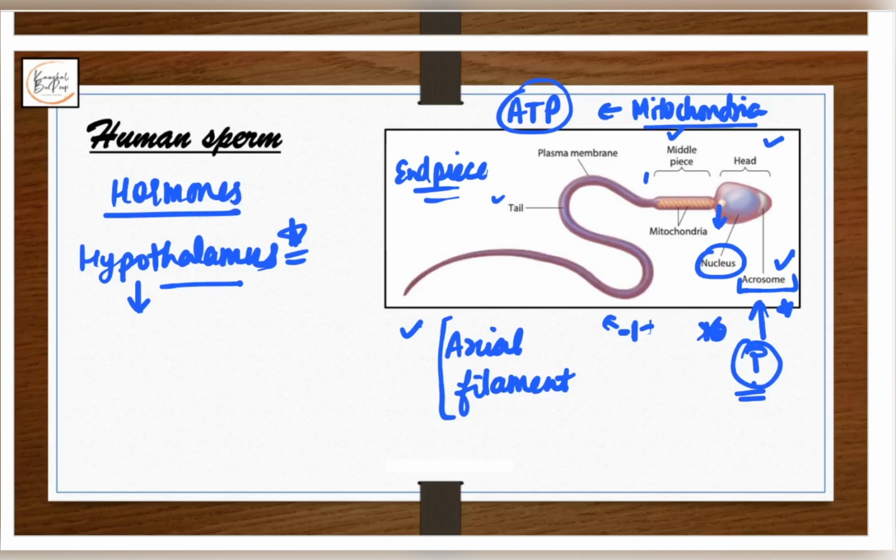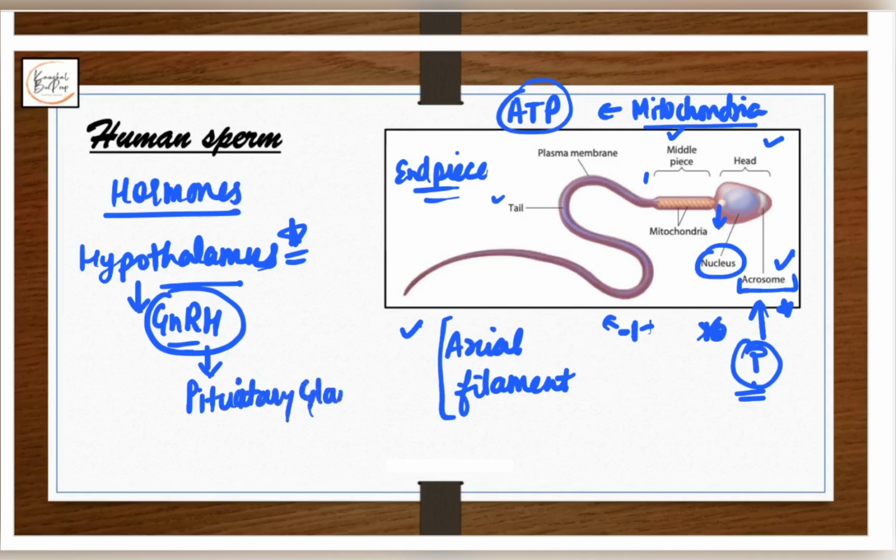So endocrine glands are under the control of the hypothalamus, which is a part of your brain. So the hypothalamus releases GnRH, the gonadotropin releasing hormone. This releasing hormone goes to another gland, that is the pituitary gland.